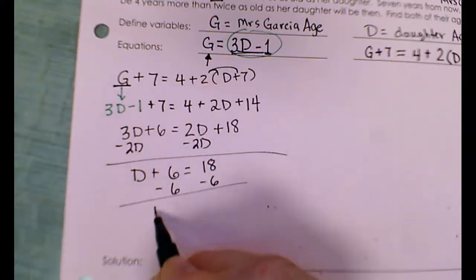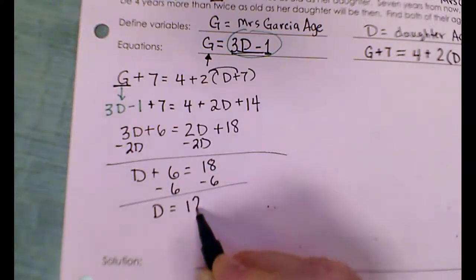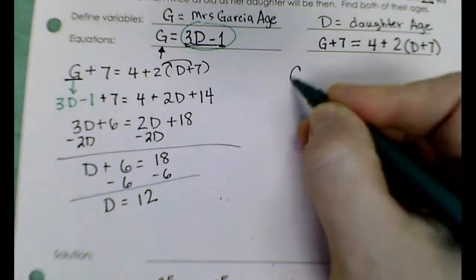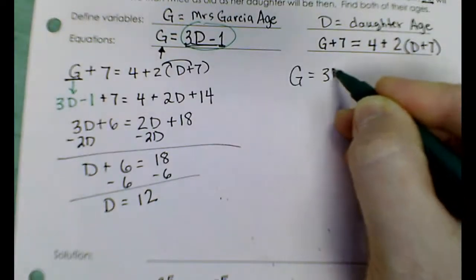Subtract 6 from both sides. This particular question said find both of their ages. So are we finished? So we have to go back to our first equation.